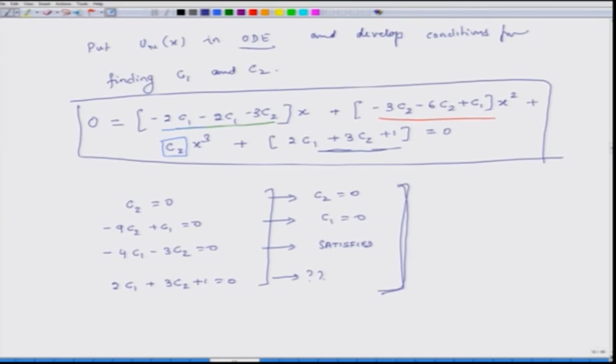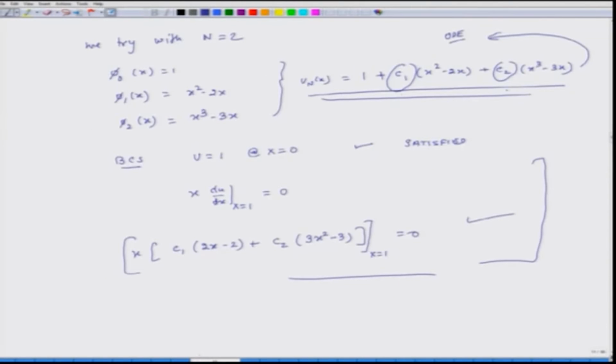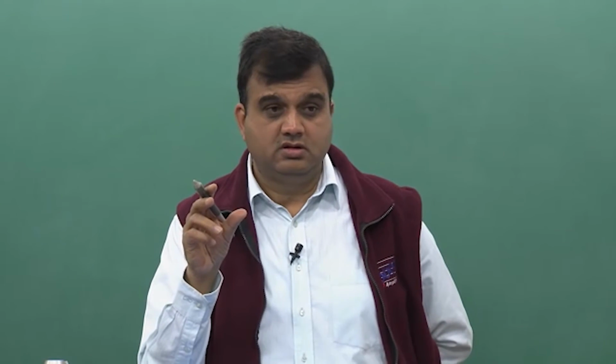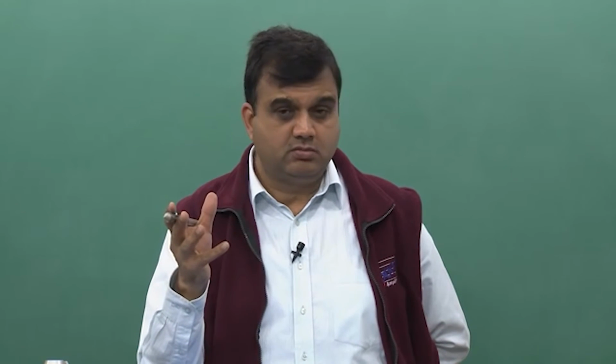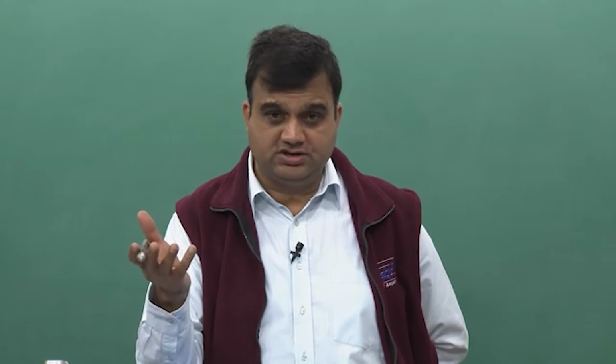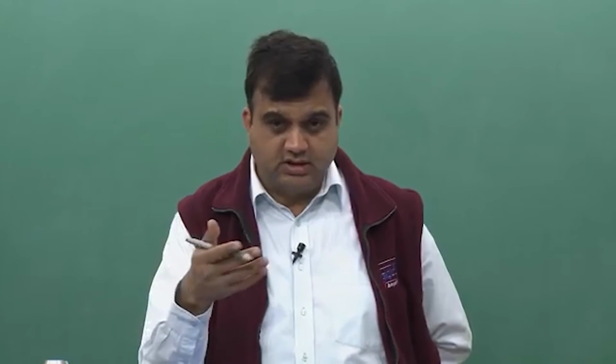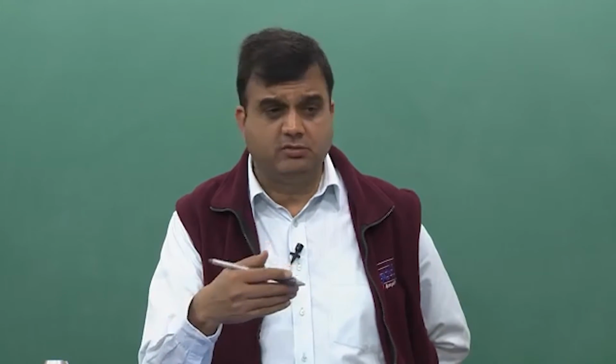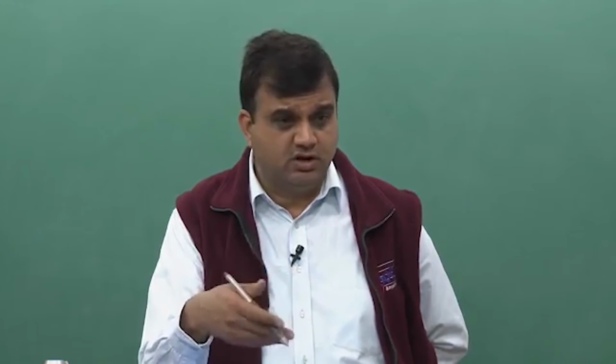Okay. And if these conditions are not satisfied, what does that mean? That the error in the differential equation will be non-zero for some conditions. That error is also known as residue. In the remaining part of the course, we will use this term residue a lot.